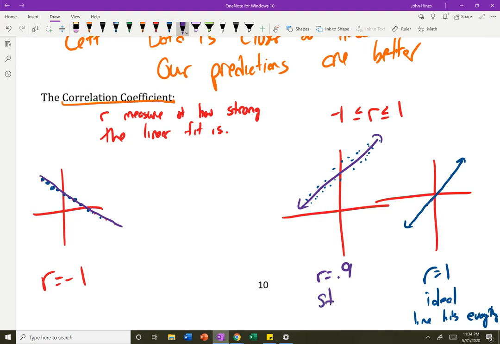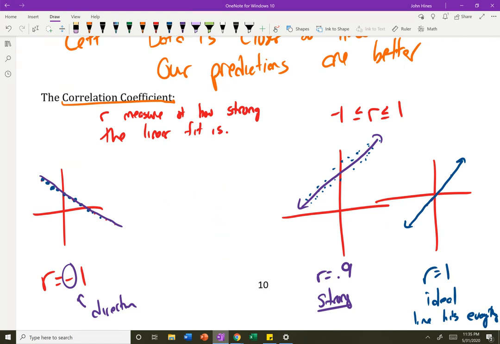This is a strong R value here. 1 is perfect. We don't get that all the time. But we want like 0.9, 0.95. We want numbers close to 1. What is -0.9? The negative is just telling me the direction. So -0.9 is still just as strong. The negative just means that the line is decreasing.